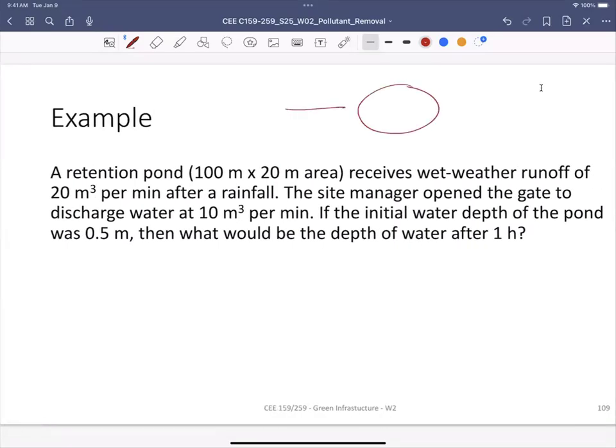The area is given. That area is 100 times 20 meters, so that's basically 2000 square meters, and your flow rate is 20 cubic meters per minute. This is 10 cubic meters per minute, and that's the flow Q in, and this is Q out.